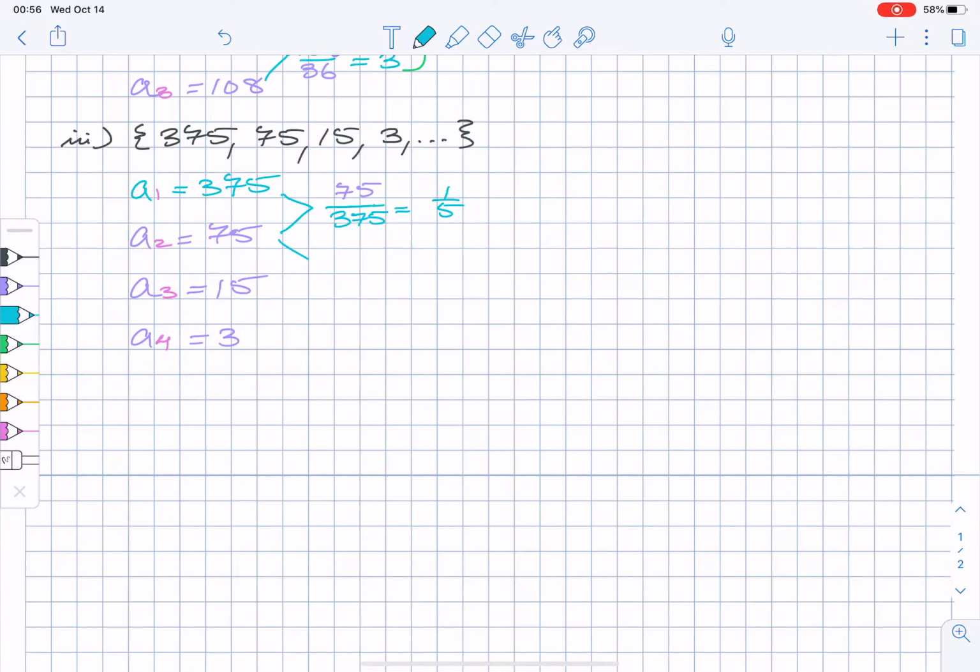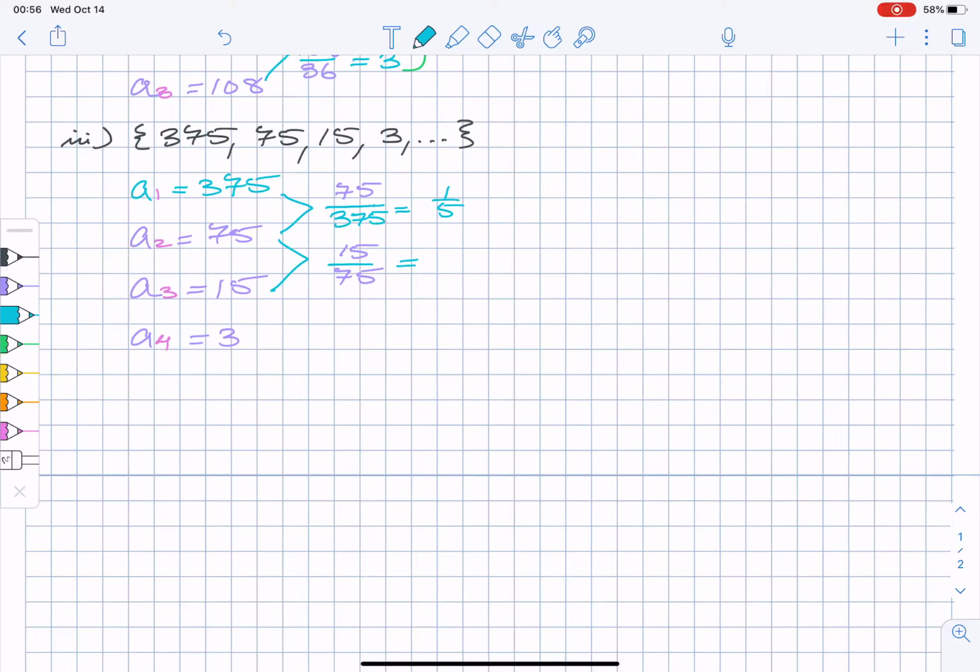And let's see if that's true. Maybe this one will be easier to calculate. We have 15 over 75. Well, I know that 1 plus 5 is 6, so 3 goes into that, and 7 plus 5 is 12, so 3 goes into that.